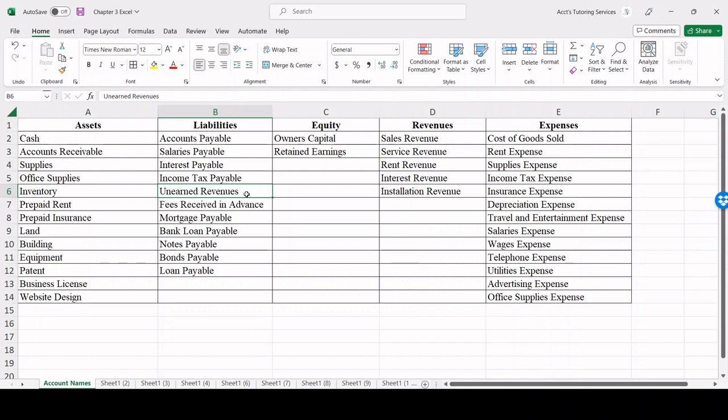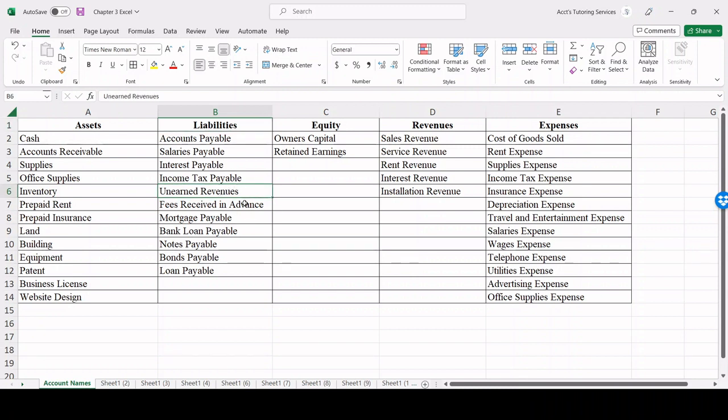Unearned revenues is, for example, let's just say that we manufacture water bottles and we sell them for a markup. Simply put, someone comes to us today and gives us $1,000 and wants us to deliver water bottles to their child's wedding in a month from now. So we got the cash today, but we haven't earned that revenue. So unearned revenue is a liability because now we have the future obligation to deliver those water bottles.